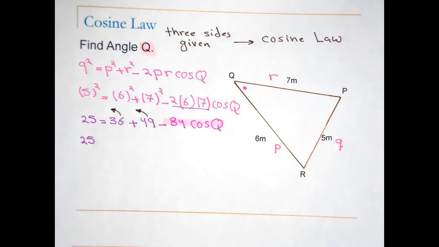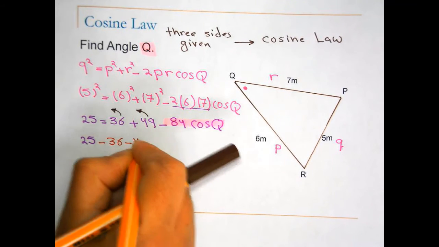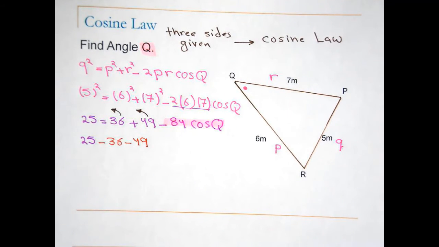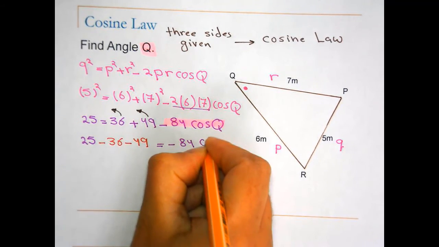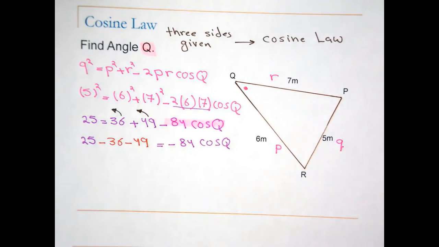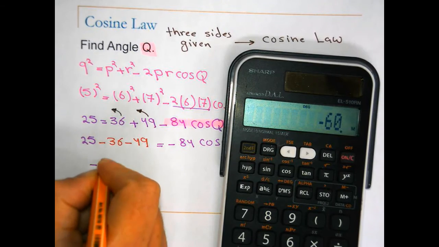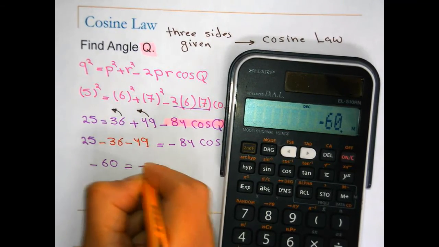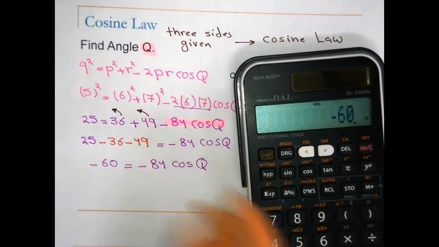So positive 36 will become minus 36, minus 49, equals negative 84 cosine Q. So 25 minus 36 minus 49. So negative 60 equals negative 84 cosine Q.